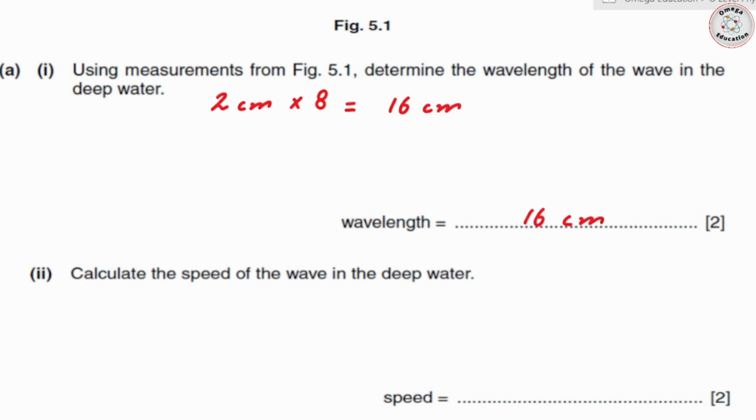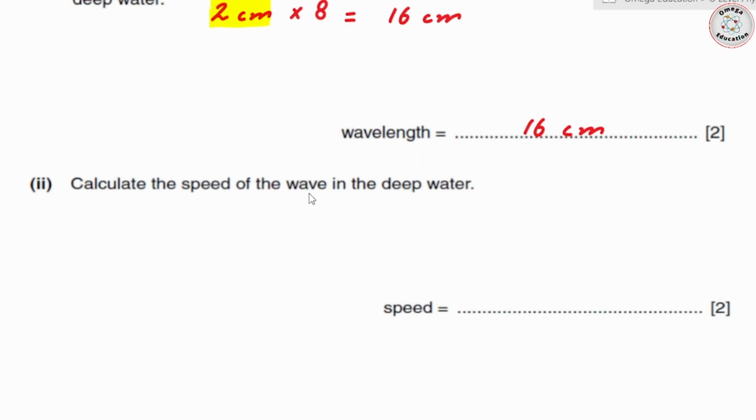Once again, this is an assumed value. I don't know the exact value. The exact value would depend on the actual value that is measured with the help of a ruler. Calculate the speed of the wave in the deep water.